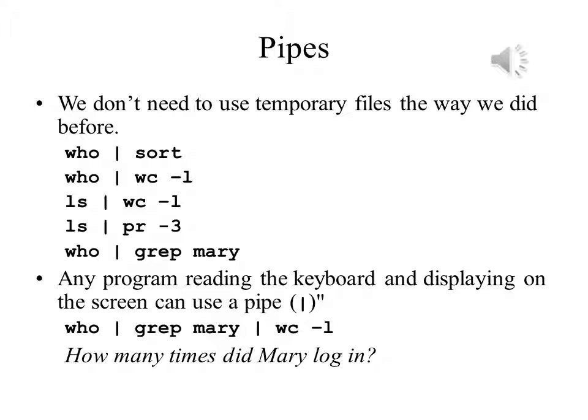As useful a tool as redirection is, we don't need to use temporary files if I want to take the list of people who are logged in and then sort them or count the number of lines or whatever. I can take advantage of another little tool called piping.